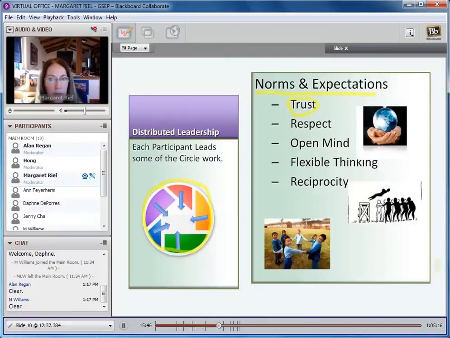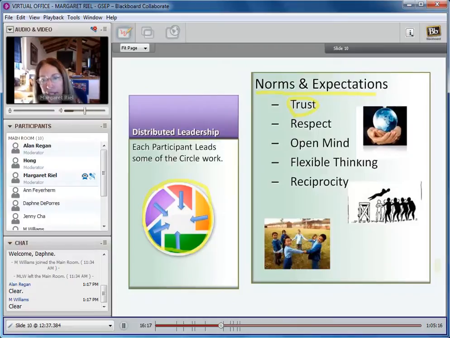And so both trying to help them create an open mind and flexible thinking and respect for the differences takes a little bit of work. And if we have time later, I'll show you some screencasts that I've put together to help students think about what I call the culture of knives, the culture of nice, and the culture of critique, and what it means to create a really healthy culture of critique.